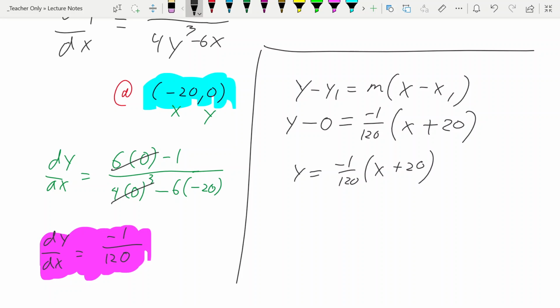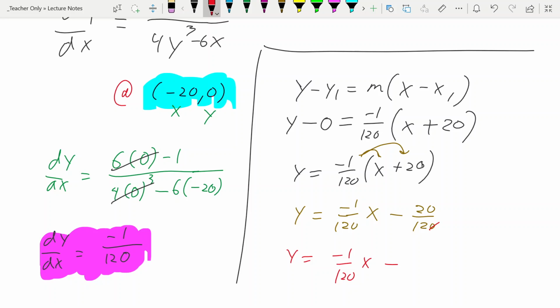Now, if the problem simply states find the equation of the tangent line, you're done. If it says find the equation of the tangent line in slope-intercept form, then all we need to do at this point is solve for y. So we're just going to distribute our negative 1 over 120, which would give us negative 1 over 120 x, plus, well, it would be minus since we're distributing through a minus, so minus 20 over 120, which would simplify to negative 1 over 120 x minus, it would be the same thing as 2 over 12, so that'd be 1 over 6.